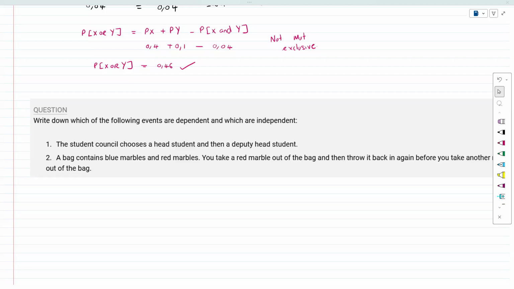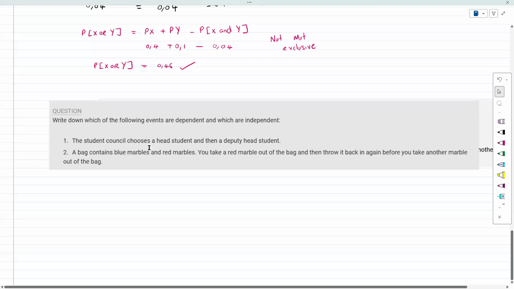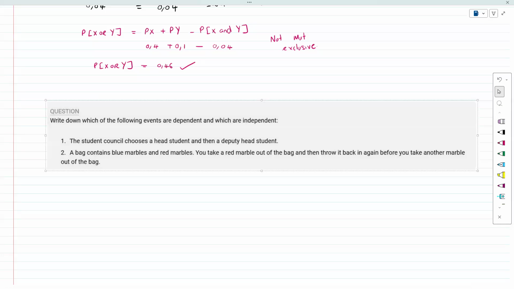Is this dependent or independent? That's the question. And the next one is a bag contains blue marbles and red marbles. You take a red marble out of the bag and then you throw it back in again before you take another marble out of the bag, if I'm not mistaken.